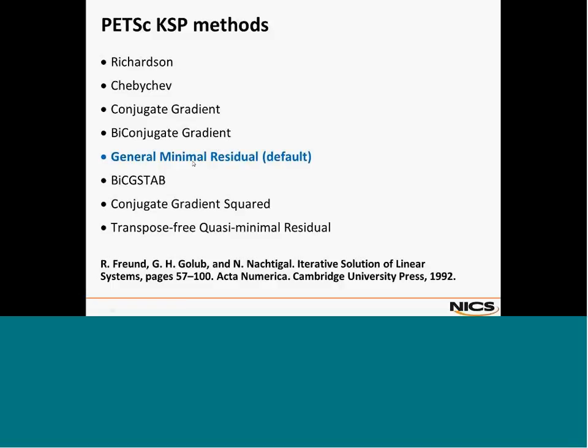Again, you can pick these by changing command lines. So it's really nice if you have a lot of linear algebra calculations. I'm not a mathematician, so I don't know all of this off the top of my head, but there's a really good book that describes all these methods for iterative solution of linear systems.